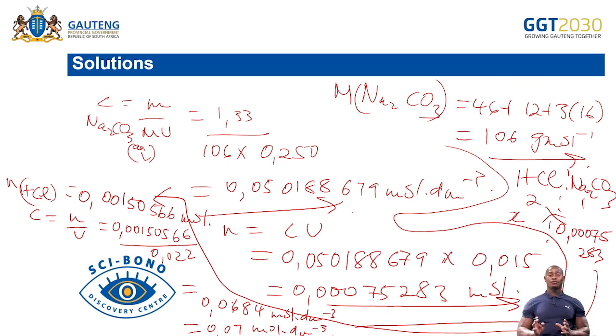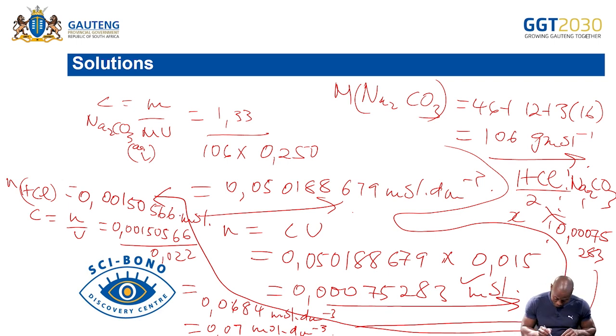Right, so this was a long one, but we were supposed to start by calculating the concentration. From the concentration, calculate the number of moles in 15 cubic centimeters. Then use the mole ratio to get the number of moles of hydrochloric acid: multiply the number of moles of sodium carbonate by 2.